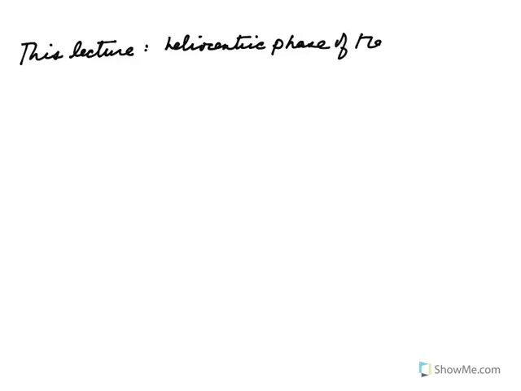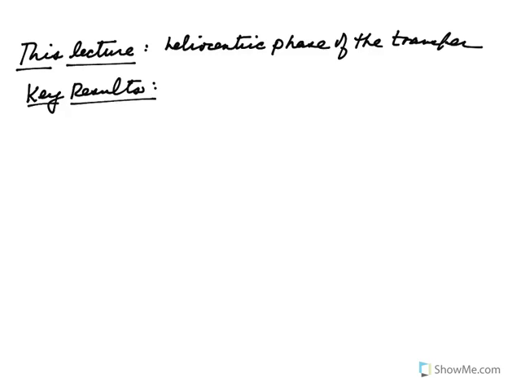And the way we're going to do this is that we are going to develop the following key results in this lecture. The first one is we're going to describe what's called an interplanetary Hohmann transfer.